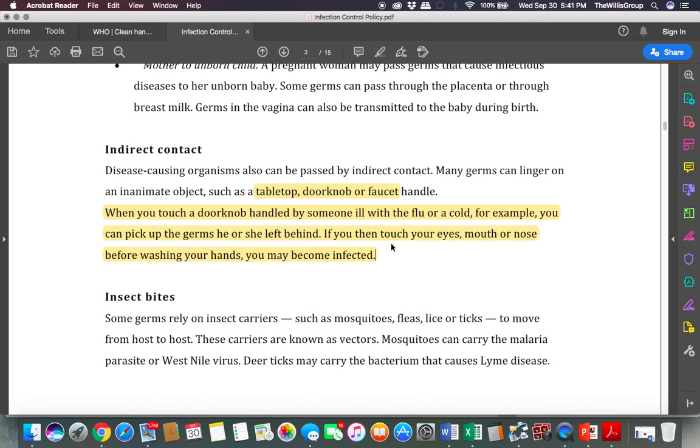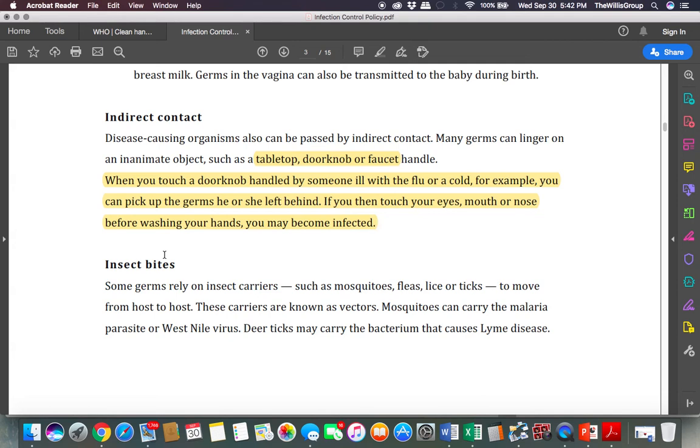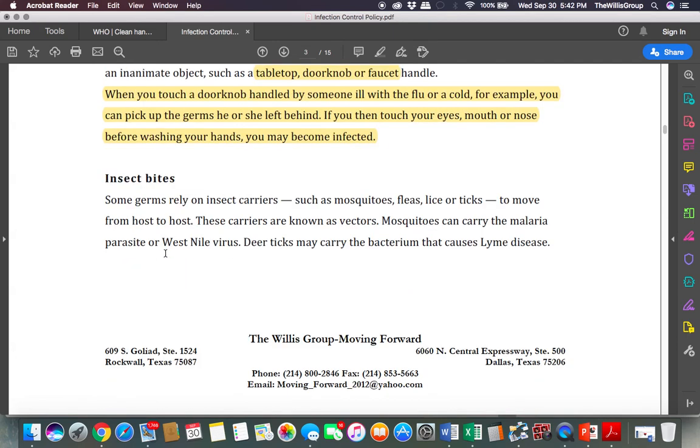So just make sure that whenever you come into contact with touching surfaces, whether you're in a place of business, out in the community, or at the park, pushing a child or helping a child off a slide, any of those things, anytime that you come in and out of any particular location, you want to make sure that you are washing your hands or sanitizing your hands every time that you change locations.